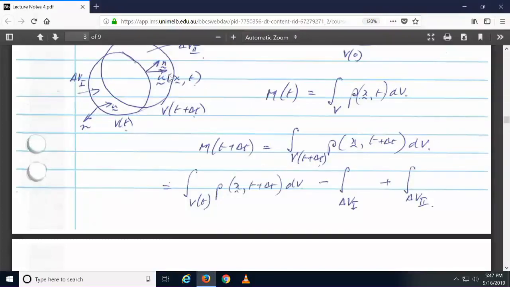Well, it'd be the velocity times delta t, that's the height, times the area, and the area would be delta S, and the perpendicular height would be u dot n. So the area times the perpendicular height would be the volume. The slant height is u delta t.